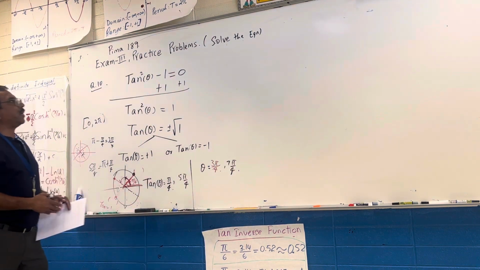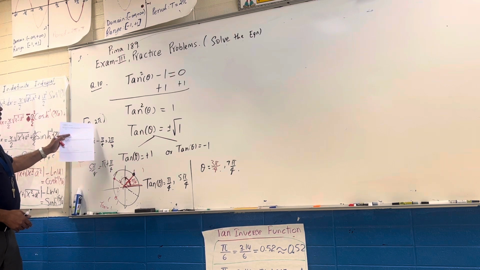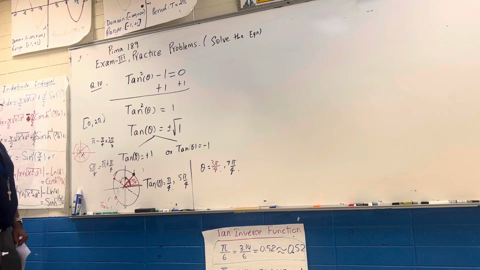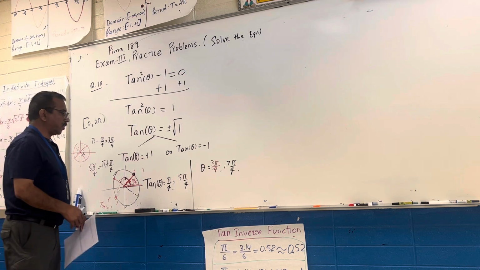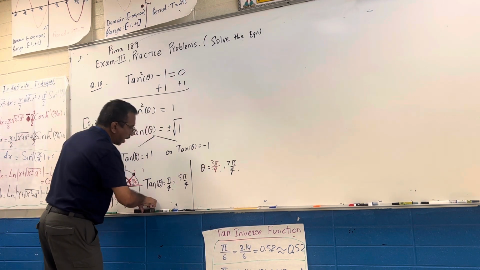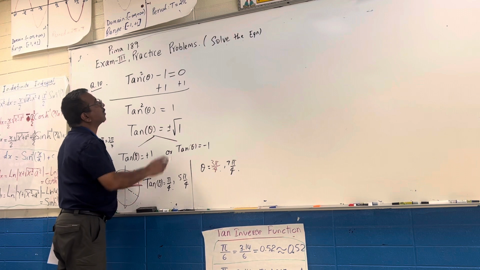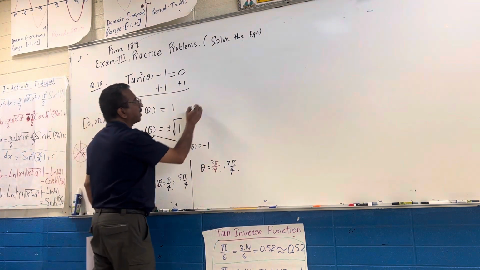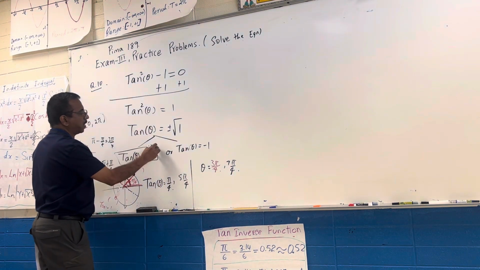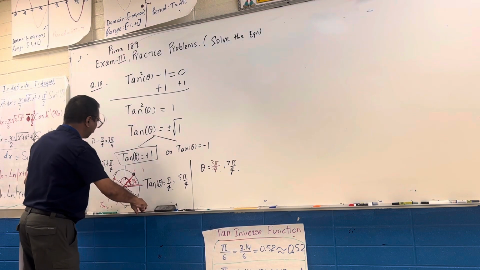Okay, so this could be the answer if the question was asked from 0 to 2 pi, but here the question is asking for the general equation. So if that's the question, then we need to find the period. If you see this tan theta equals 1, what is the period here?